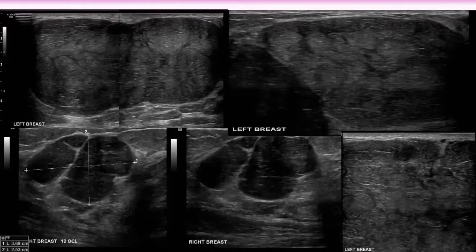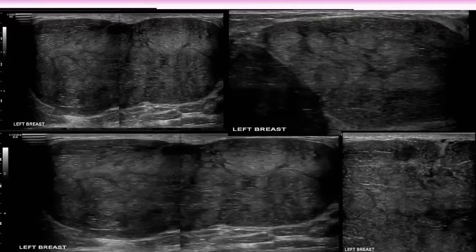If you compare it with the more homogeneous right one, this one is less typical of fibroadenoma, more in favor of phylloides tumor, these characters.